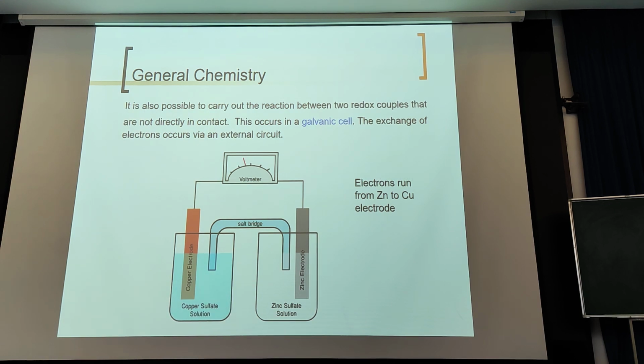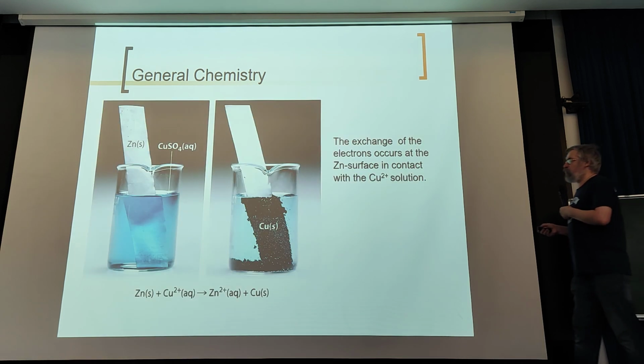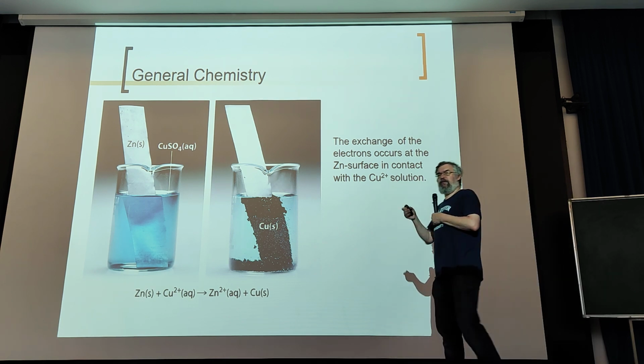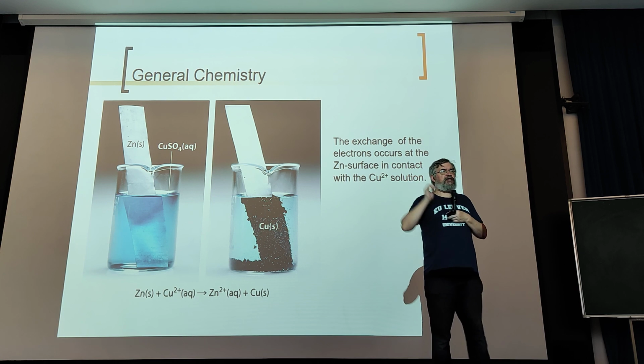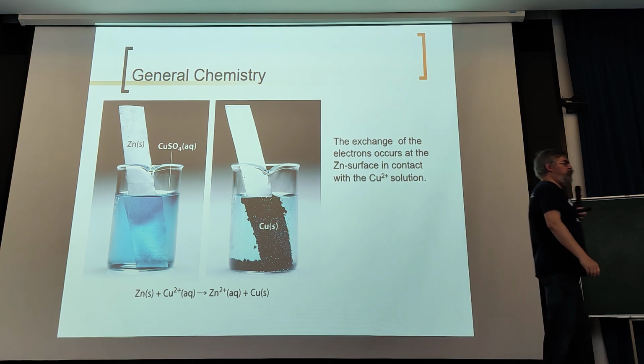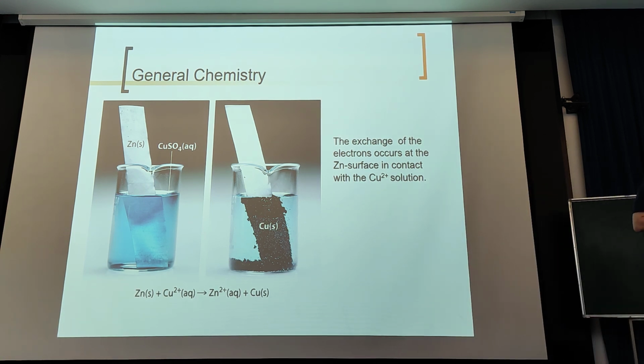Okay, so this is a galvanic cell made from the same components, copper and zinc. But what is different from the previous one, in the previous one we had everything in one beaker, in the same compartment. And now we are actually separating the two electrodes and the two compartments.